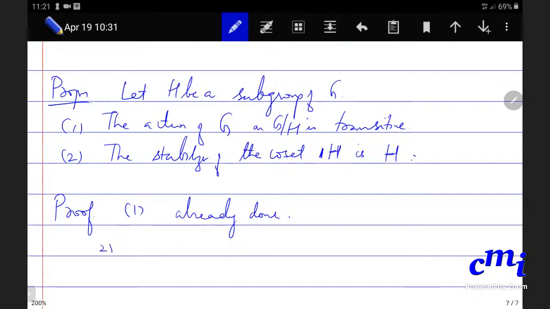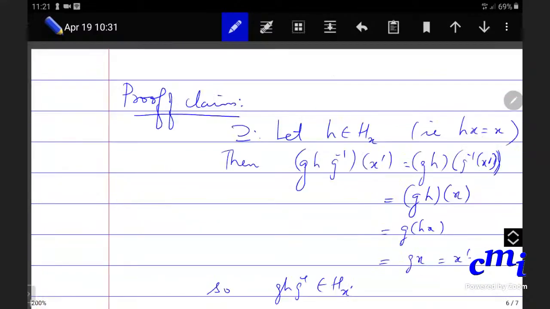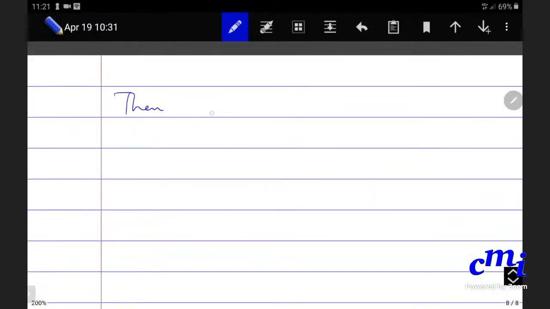Suppose that g is in the stabilizer of the coset 1 times H. Then phi g of 1 times H is just gH.